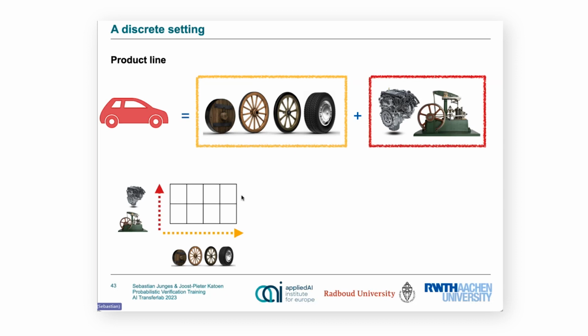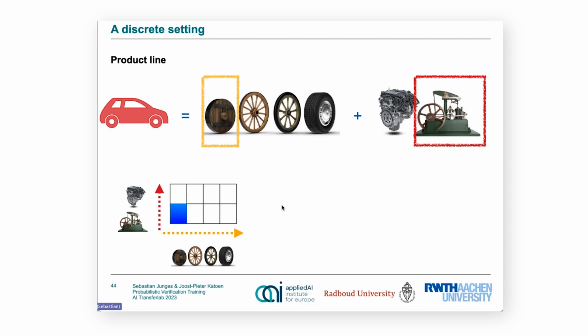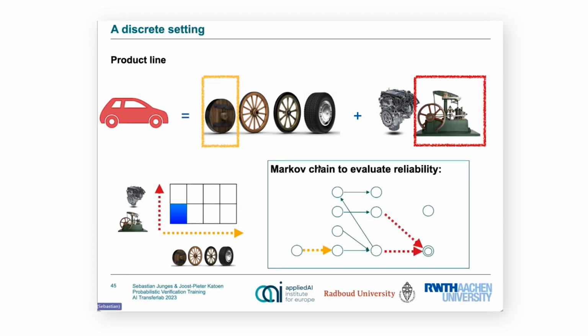Now what you're actually analyzing are 8 different cars. If we pick, for example, what I would call the ancient car configuration, then we know how to create a Markov chain to evaluate the reliability, right? That Markov chain might be coming from a fault tree, that might also be coming from a prism file, but we know how to do these things.